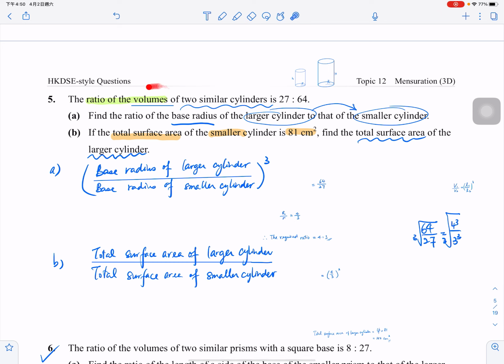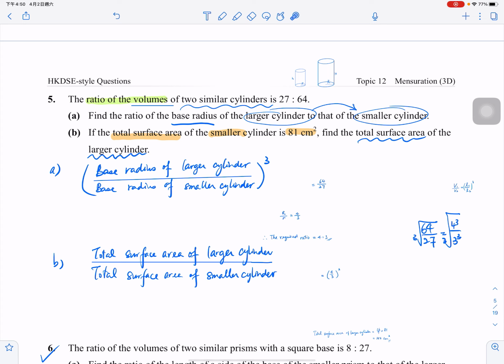If you know the volume ratio, you can also find back the ratio of the lengths. Radius is one of the lengths of these two similar cylinders. Large to small. Okay, later we check it.